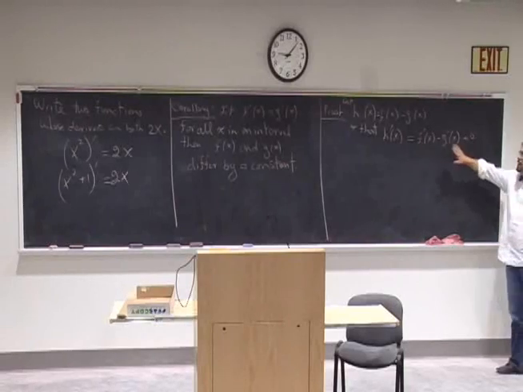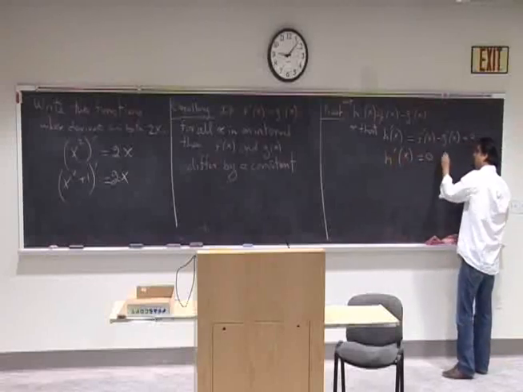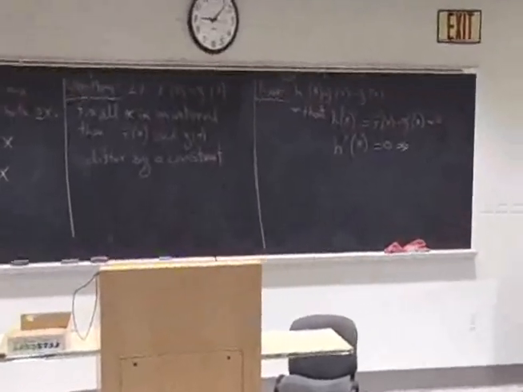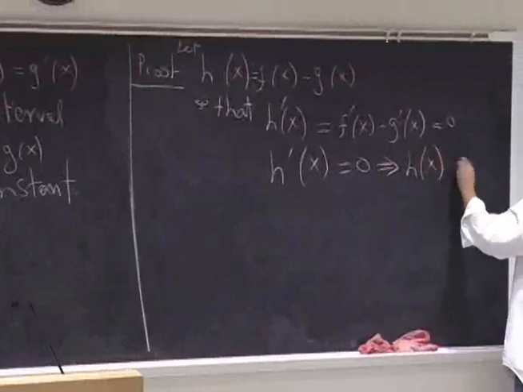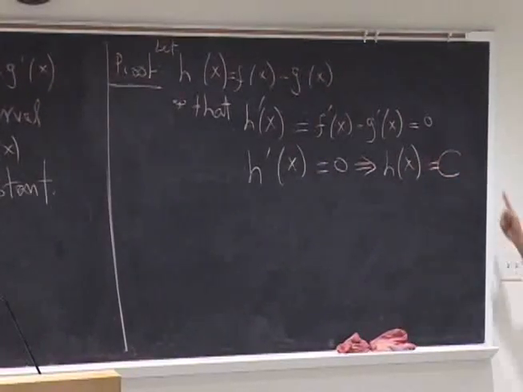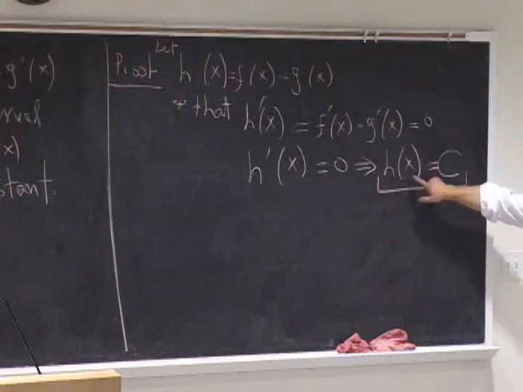So now just think about h. If h prime is 0, then what can you say about h? H of x equals a constant, according to the previous corollary. Now rewrite this equation, but instead of h, write down what h represents.